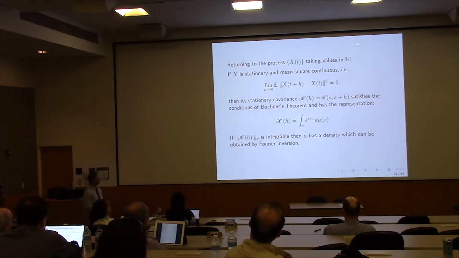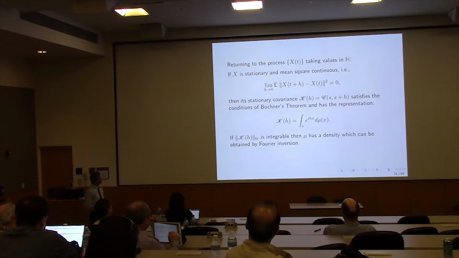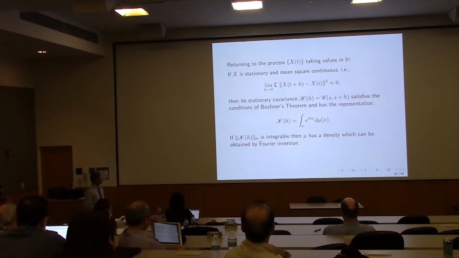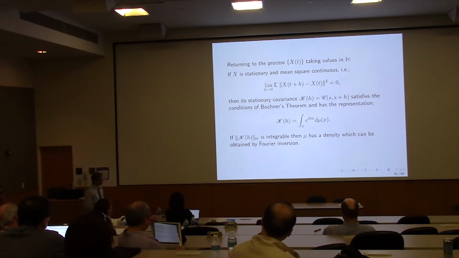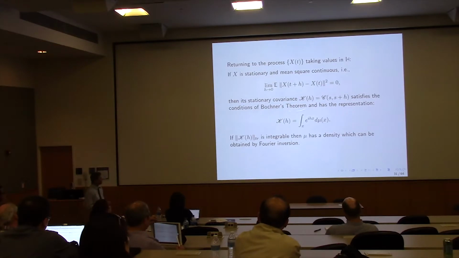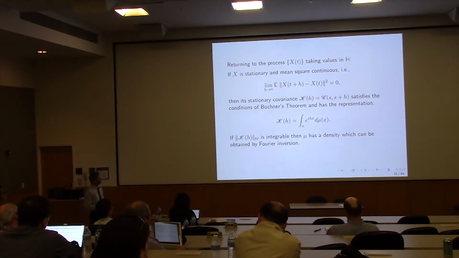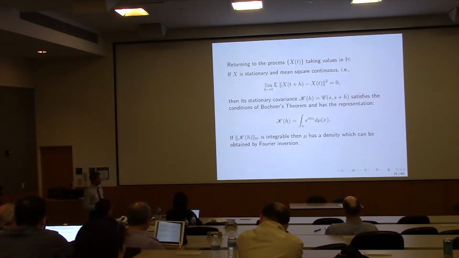Relating this back to our problem, so we have a process x taking values in some Hilbert space H. We assume it's mean squared continuous, right? And we assume it's stationary. So in that case, the stationary covariance can be represented like this.